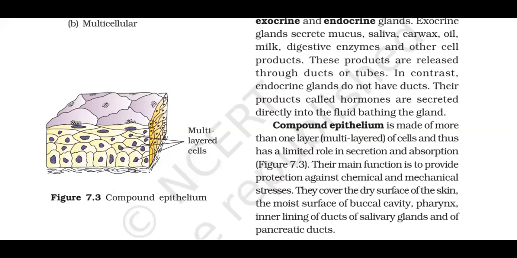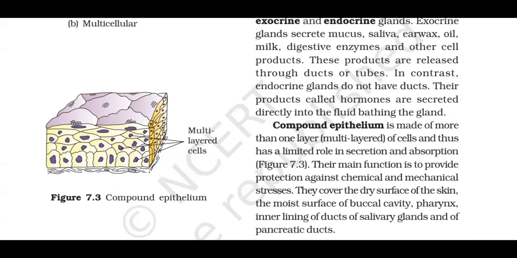They cover the dry surface of the skin, the moist surface of the buccal cavity, pharynx, the inner lining of ducts of salivary glands, and also pancreatic ducts. So these are all the regions where compound epithelium is there. So the important function of compound epithelium is that they provide protection against some chemicals and mechanical stresses.